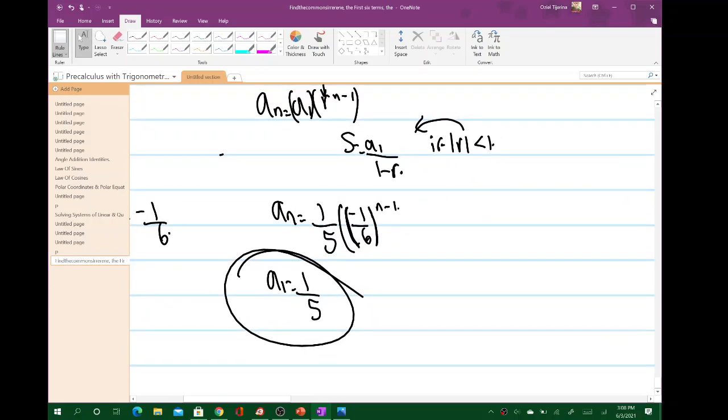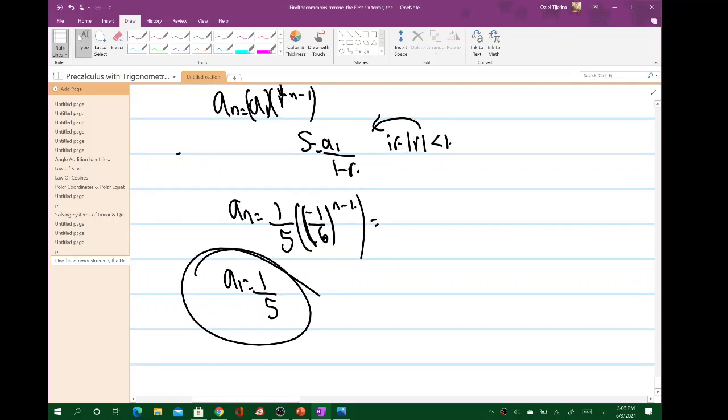Okay, now if we go ahead and do this, this is 1/5 to the first power times -1/6 raised to the n minus 1 power.